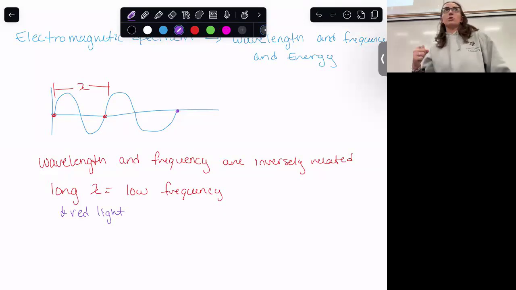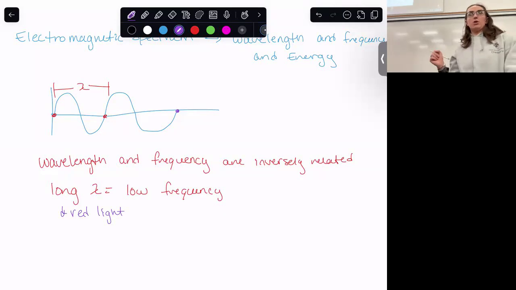Those are all shorter wavelengths. Does anyone know what the longest wavelength is? Your radio waves. Those are going to have the longest wavelengths and the lowest frequency.